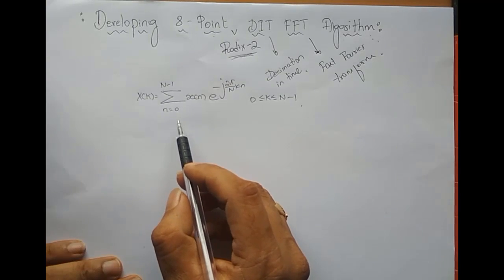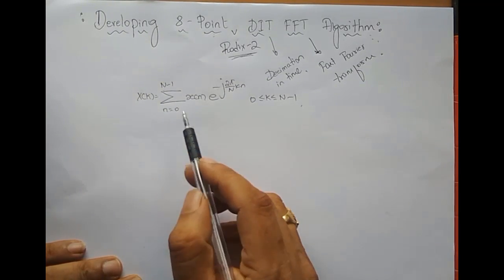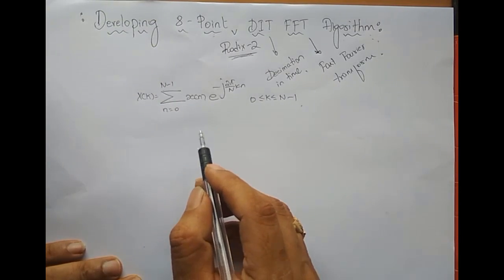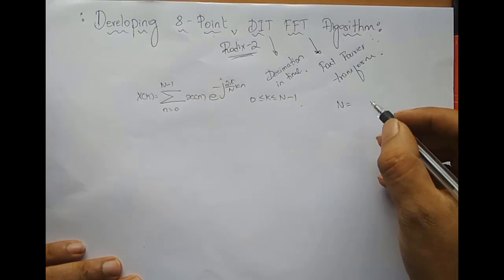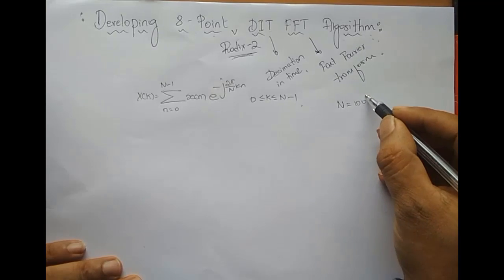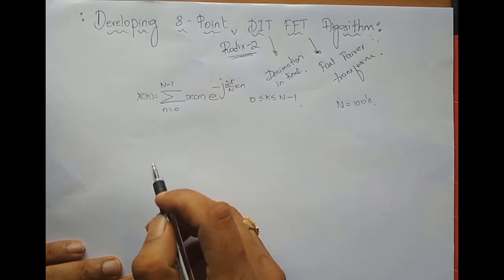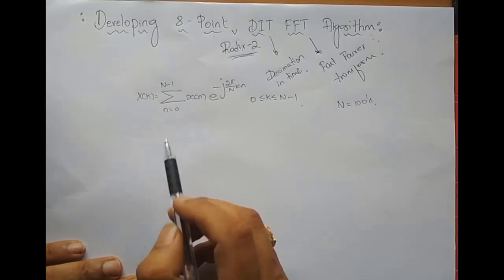Finding a 4-point DFT using this formula is fine. Finding an 8-point DFT using the formula we can somehow manage, but in practical cases the number of points capital N will be in the hundreds. In that case it's very tedious to find the DFT directly using the definition, which is this equation.